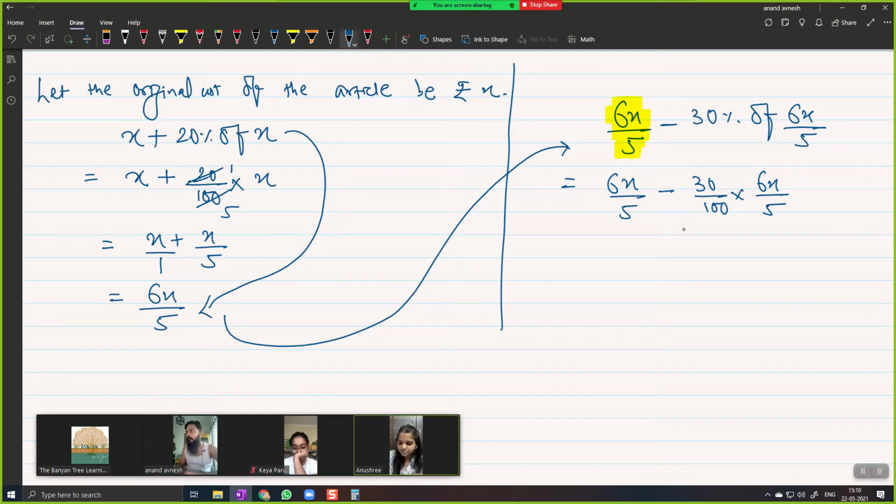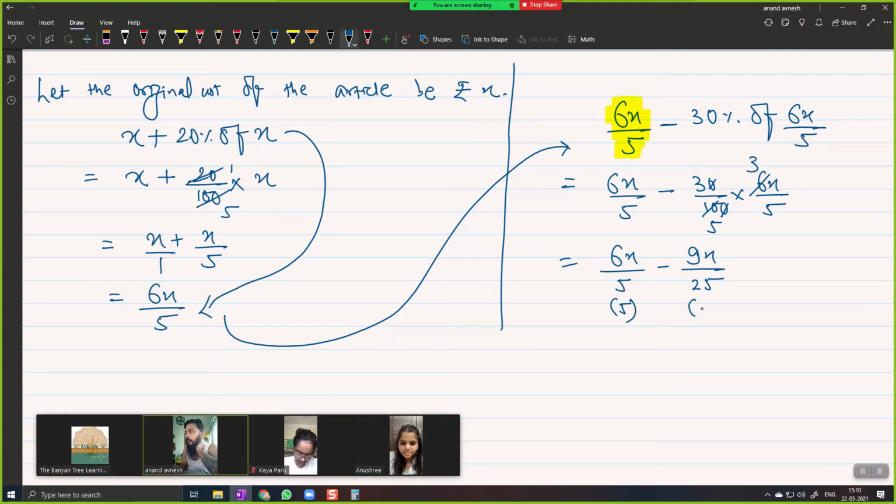We'll just cut the 0. Then 3 fives are, 2 fives are. Anything else can be cut? Nothing. So 6x upon 5 minus 9x upon 25. Here we can't cut, so take the LCM, which is 25.